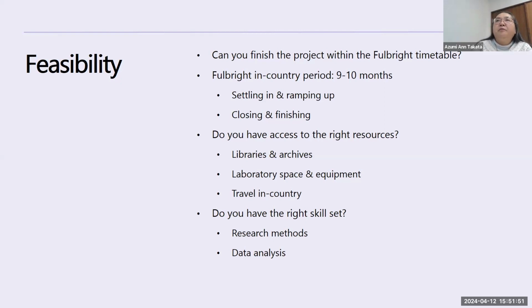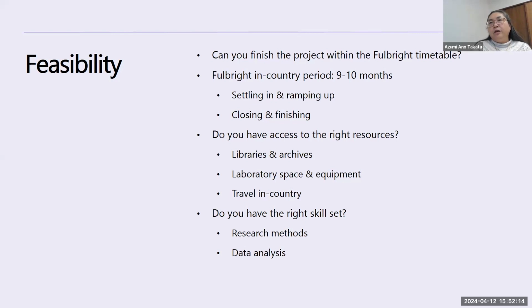Do you have access to the right resources in terms of libraries, archives, laboratory space and equipment? Can you travel in country to go where you need to go? That's another thing that Fulbright will consider. And finally, do you have the right skill set to actually complete your research project? Do you know the right research methods?